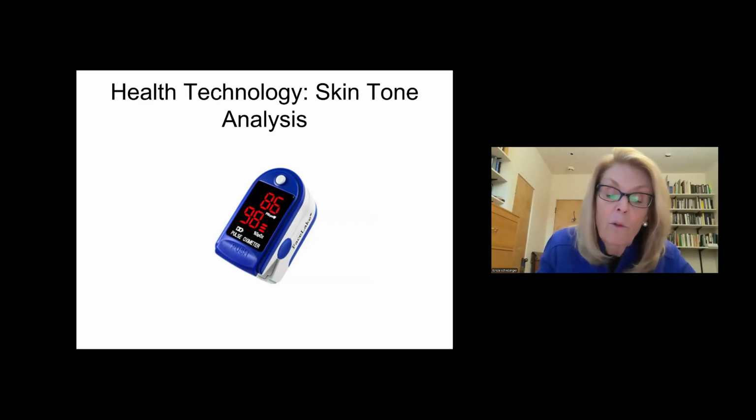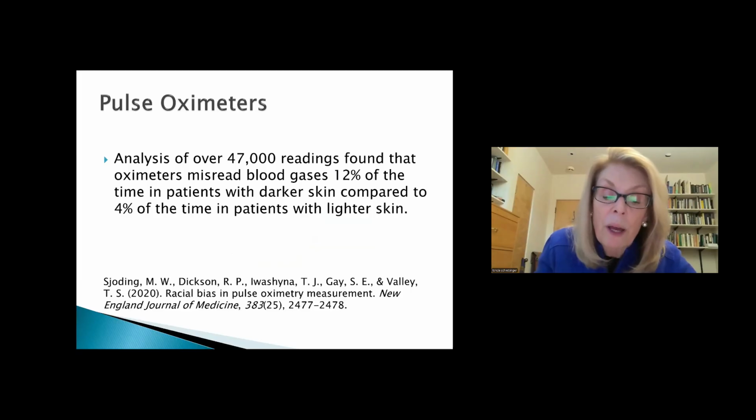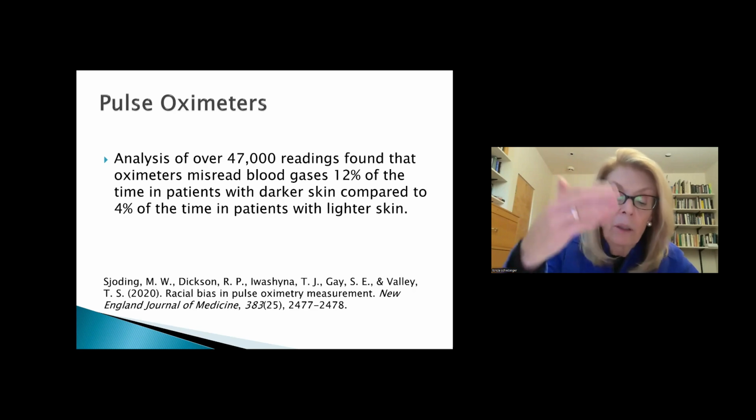An analysis of over 47,000 readings found that oximeters misread blood gases 12% of the time in patients with darker skin compared to only 4% of the time for patients with lighter skin. This puts patients with darker skin at risk for serious conditions like heart disease. Again, it's a really important issue, but a single issue approach.